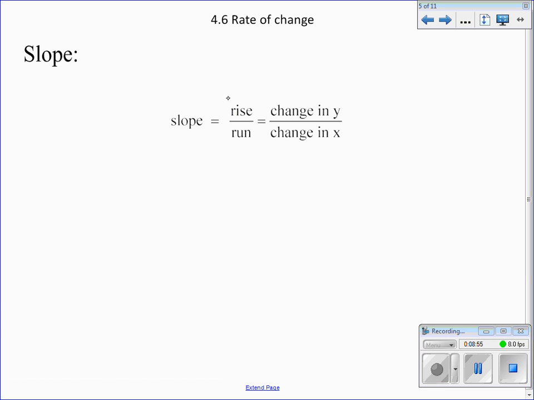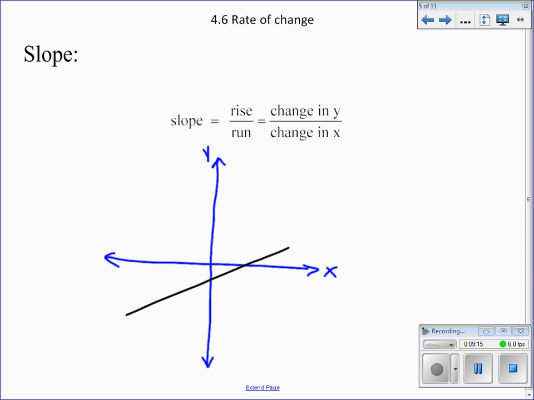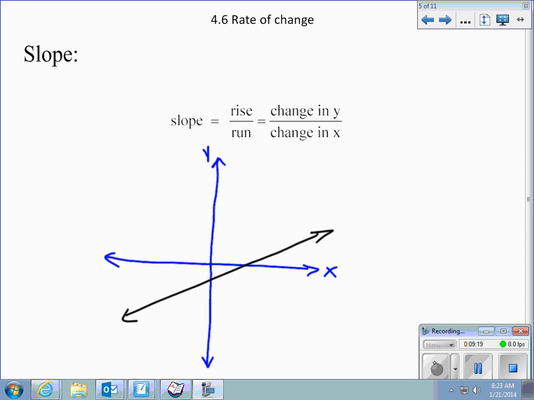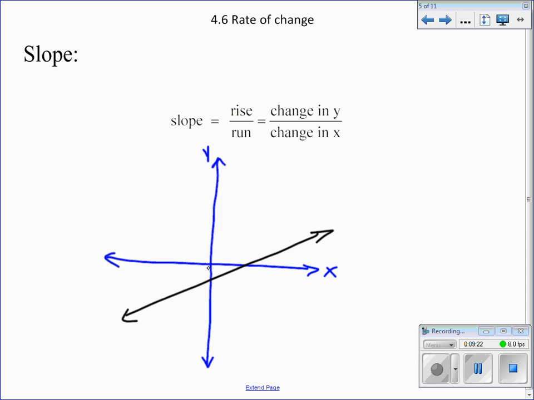So if we continue that on with slope, you'll see that one way to find slope is rise over run, which another way to think of that is we're going to figure out, like, rise on a graph would be going up and down, which is our y-axis. So we're going to be asking ourselves, if we have a graph with a line going through this, how much is it going up compared to how much is it going over?